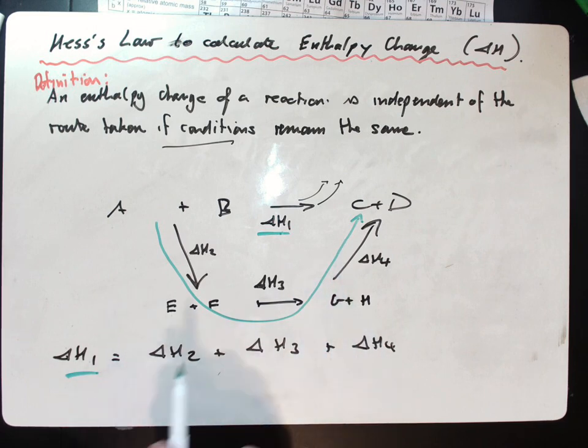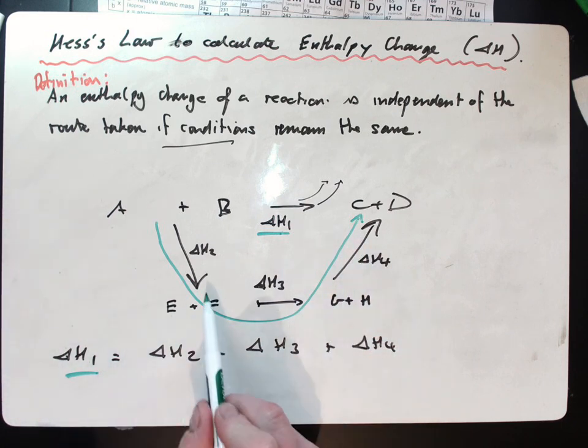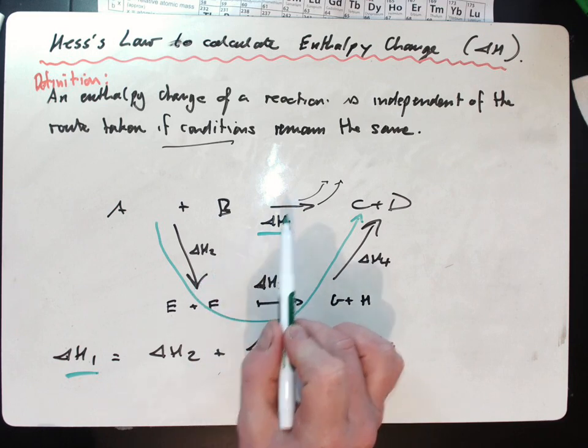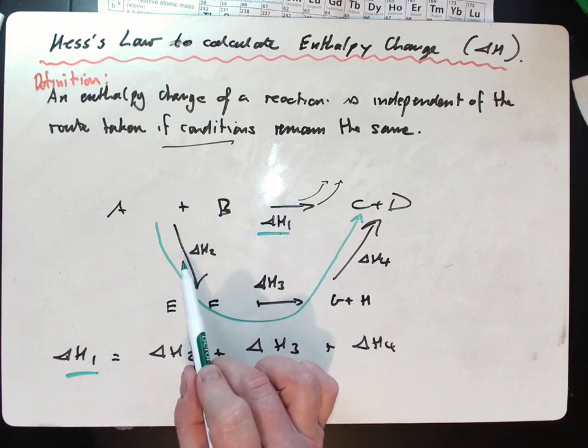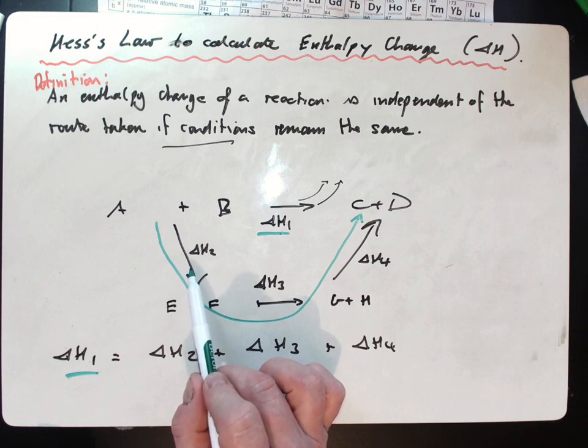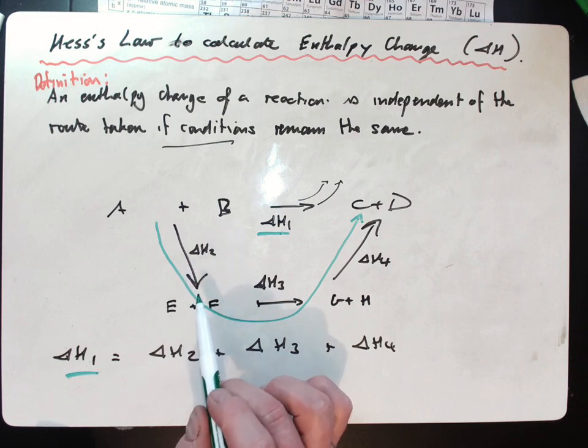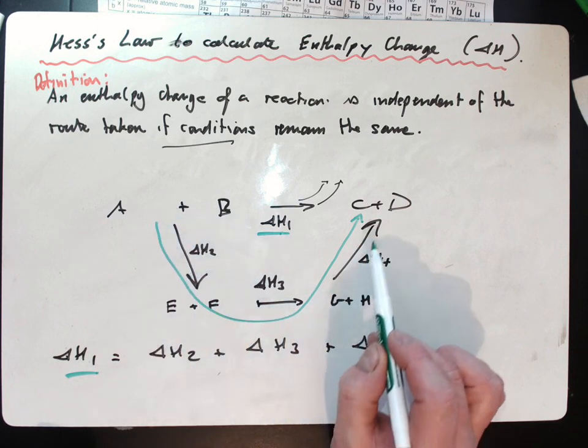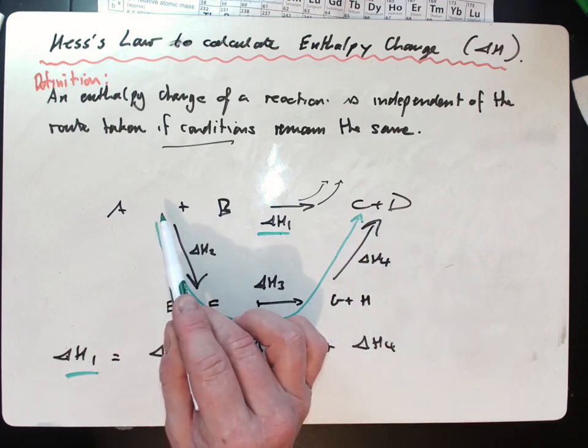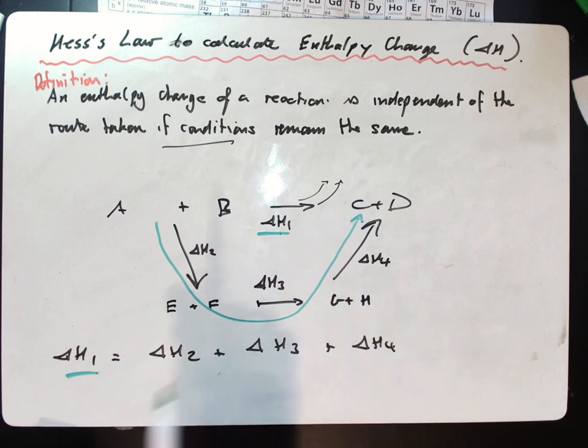Now, it is important that these arrows go in the right direction. They will depend on what information the examiner gives us. They go in the direction to illustrate the energy change depending on the information we're given in the question. Now, provided all the arrows are going in the direction we want, i.e. from A and B to C and D, we add them.